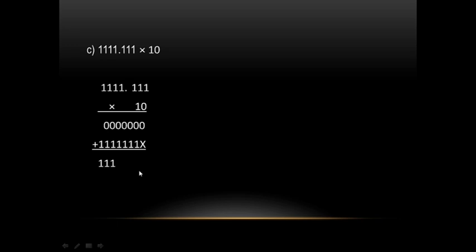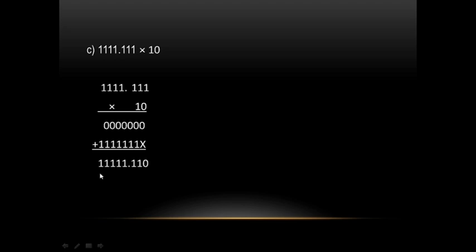Here we got 0 and here a cross is given, so we will write 0 as it is. Then 0 plus 1 will be 1, 0 plus 1 is 1, and again 0 plus 1 will be 1, and here any digit is not given, so we will write 1.